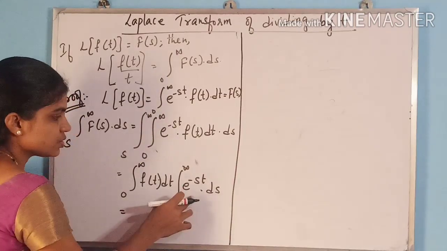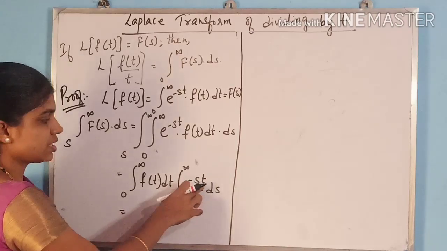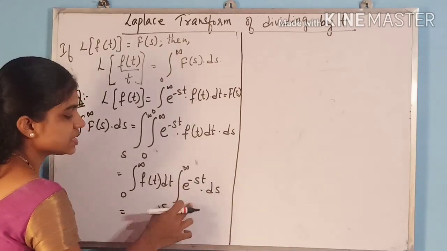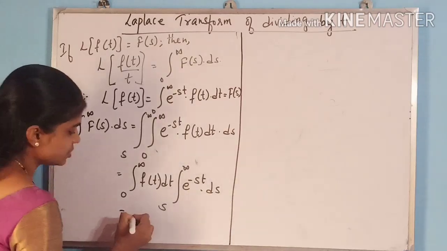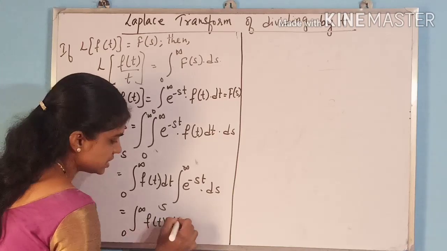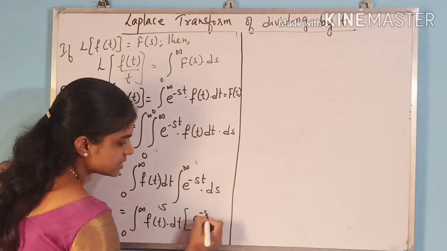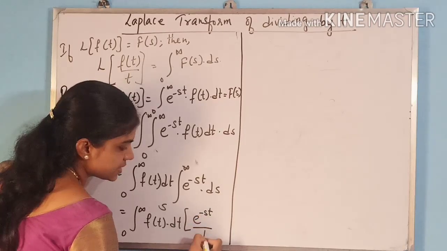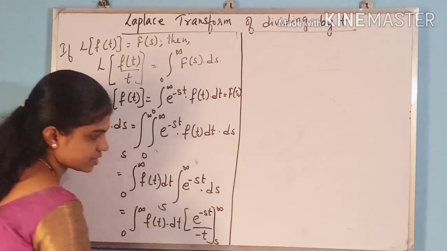It is going to be e raised to minus st divided by minus t. So this is going to be integration 0 to infinity f of t dt, and this is e raised to minus st by minus t, from s to infinity.